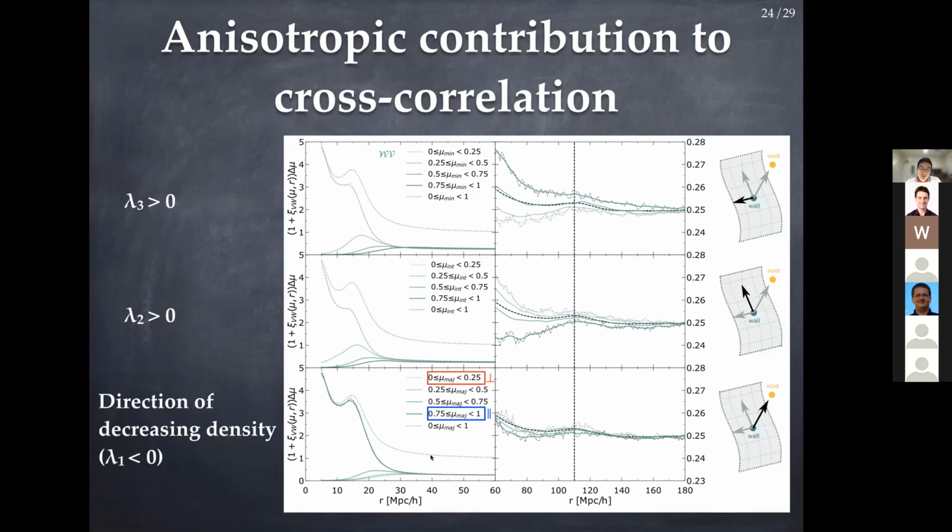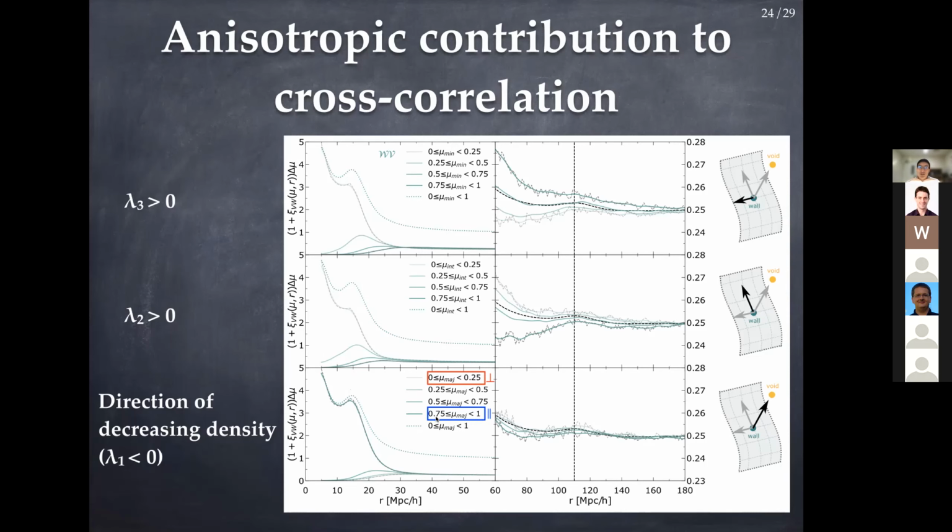And again, you can see that the characteristic feature of the total wall-void cross correlation is dominantly captured by the most opaque line, which is the direction coming along this direction. And crudely speaking, this is the direction perpendicular to the sheet-like structures.